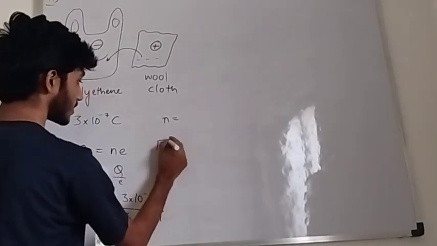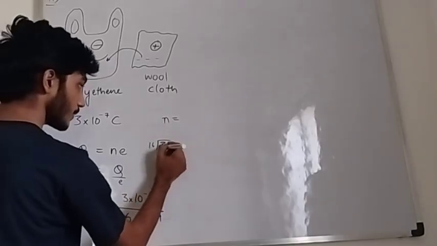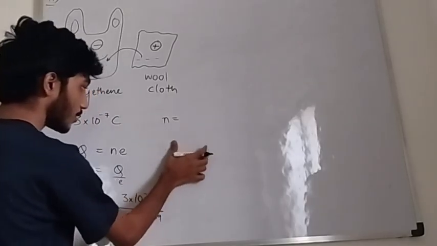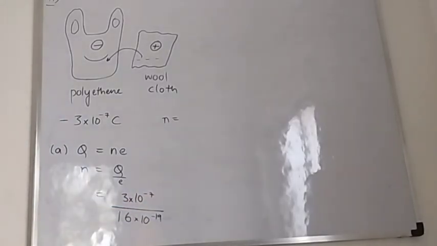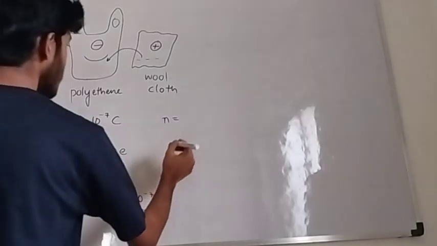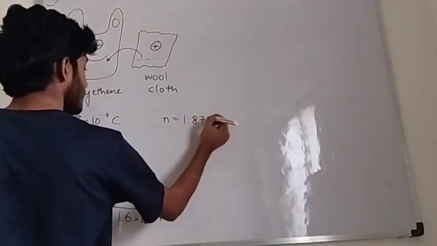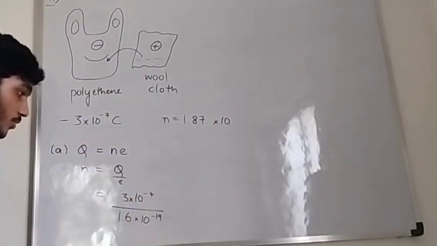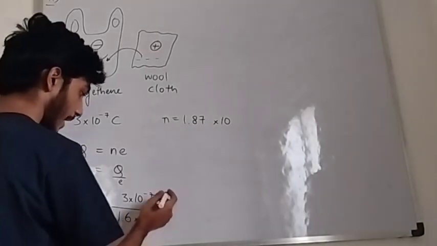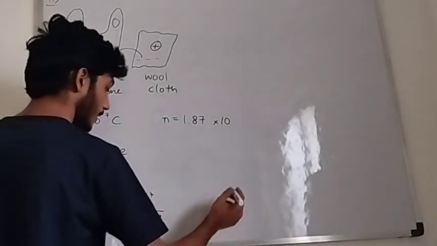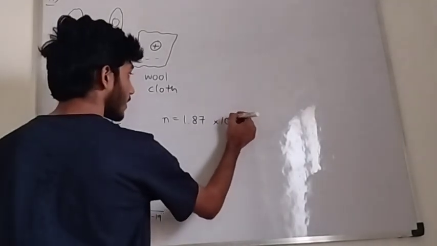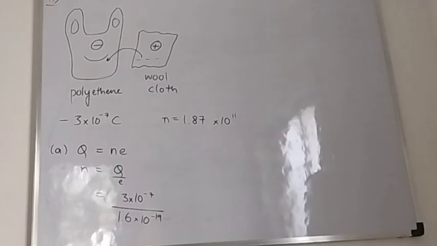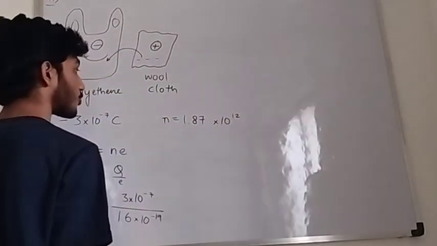I will just do this really quick. So this will come out to be 1.87 into 10 to the power... I took 10 from here, so minus 7 plus 19 would be 12. No, so this will become 10 to the power of 12.